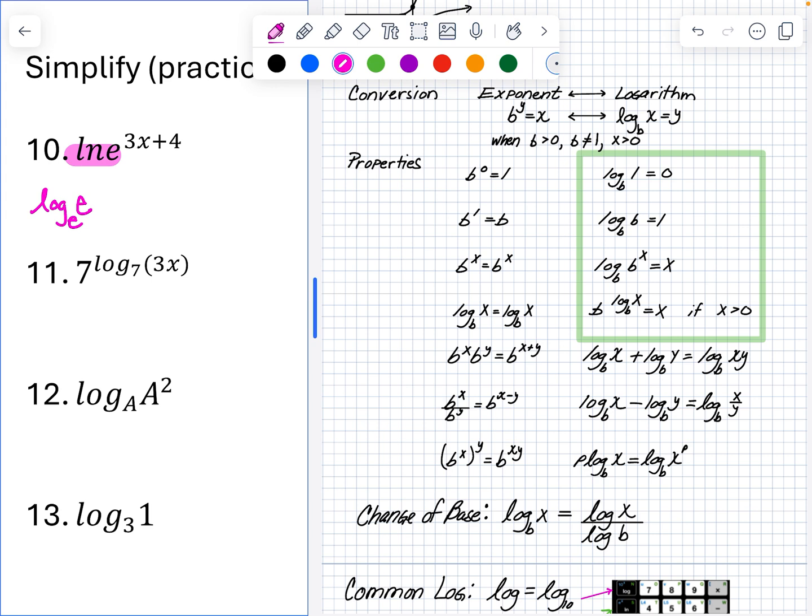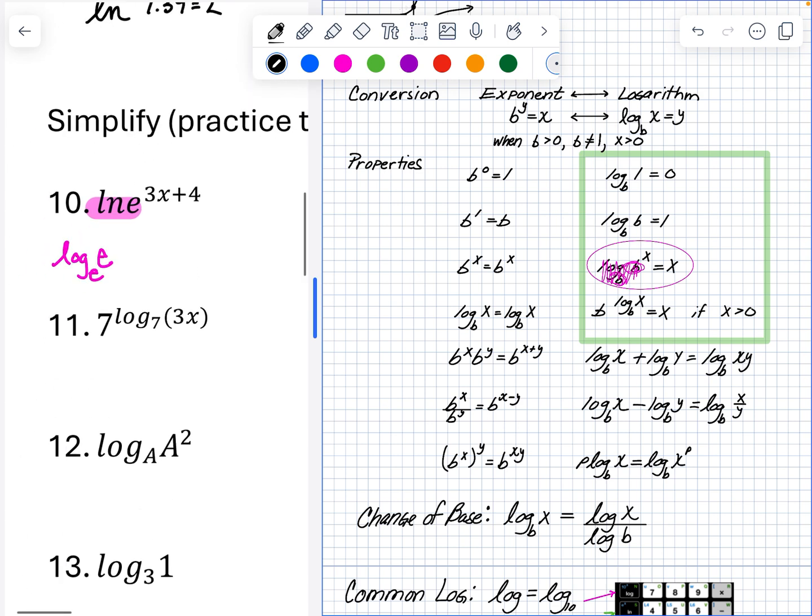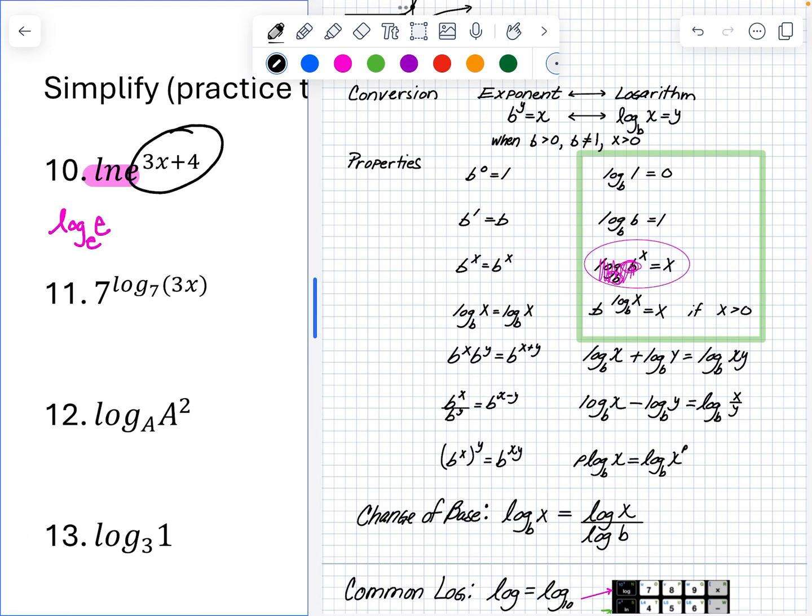And if you look over here in the notes, that matches up with this rule. This rule said that if this base number and this base number are the same thing, it's like these are not even here and the answer is the power. So this answer is going to be 3x plus 4.